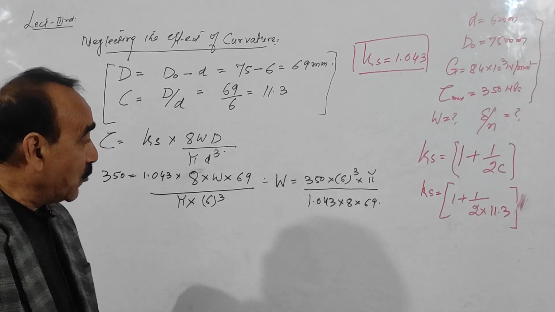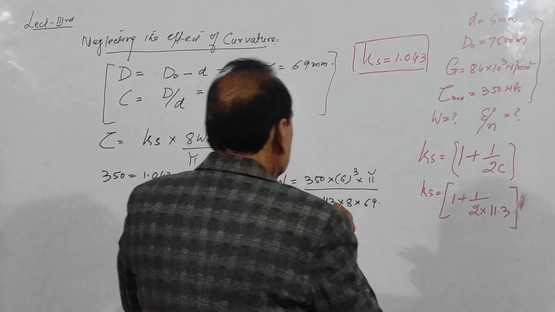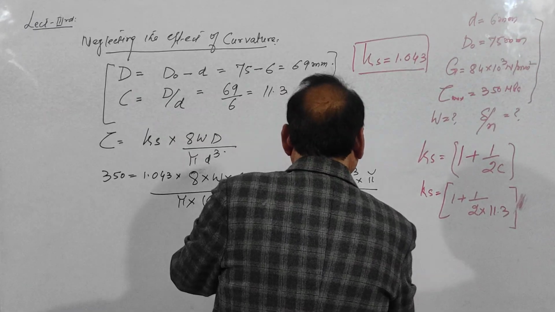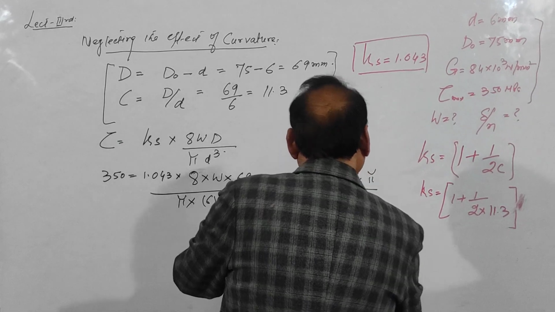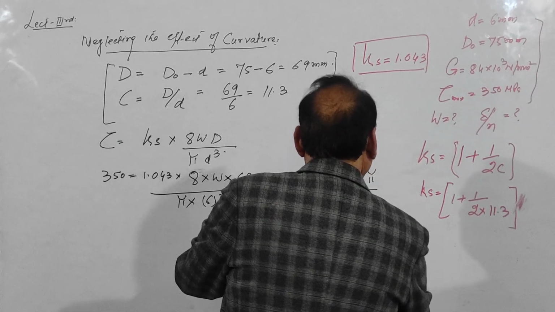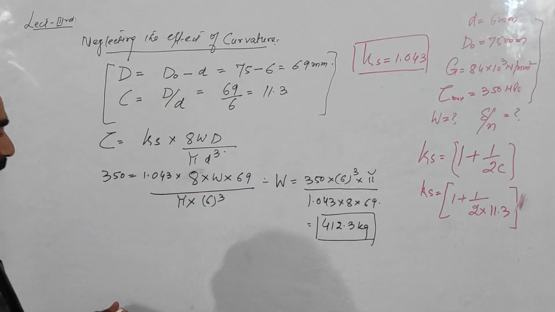This is 412.3. So your W is 412.3 kg, right? So this is your actual load on the spring.